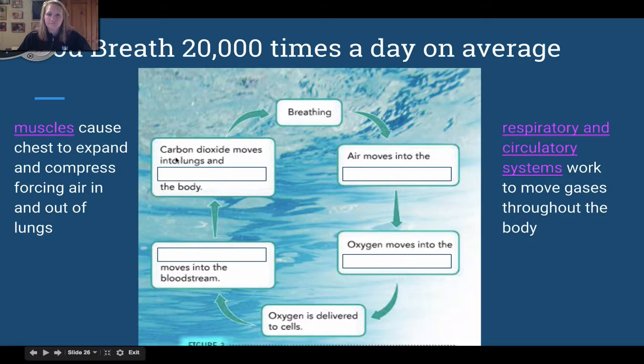Okay, moving right along. You breathe 20,000 times a day on average. And frankly, I bet you think about your breathing maybe once a day. Maybe if you're exercising pretty vigorously, then you're thinking about it a little bit more. So what's coming into play? What are the systems that are working to help you breathe every day?